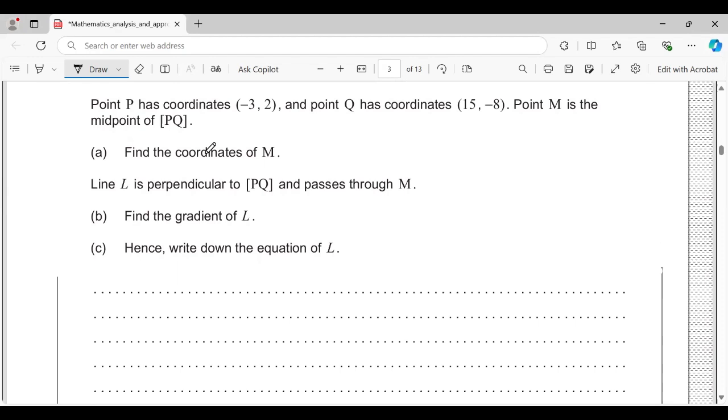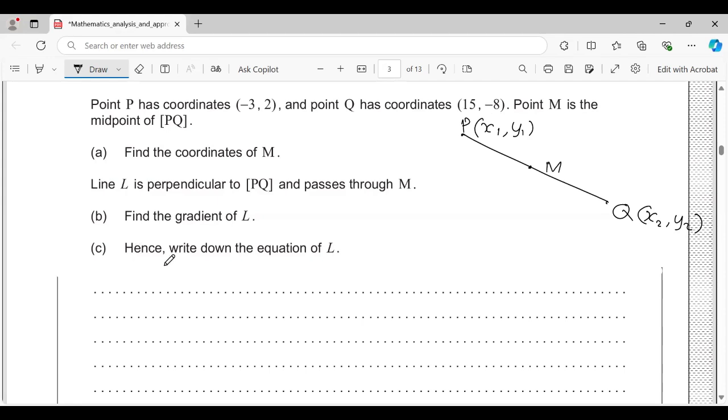Find the coordinates of M. If this is the straight line PQ, P has coordinates (x1, y1) and Q has coordinates (x2, y2). The position of the midpoint M is between P and Q.